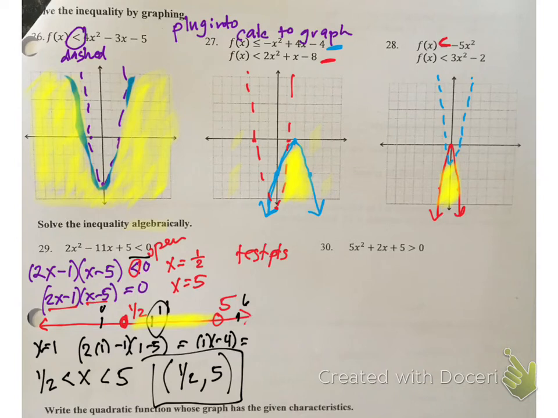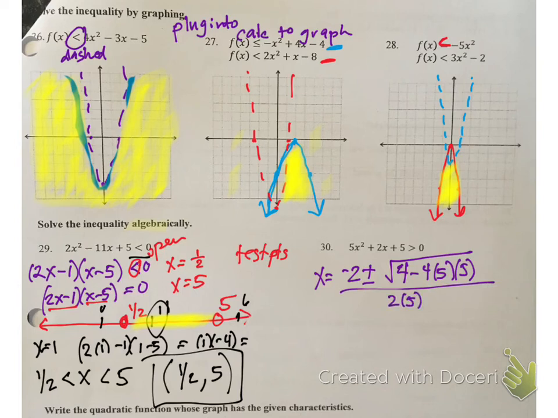All right, for number 30. I think you end up getting an imaginary solution. So you can't factor this. I wish that you could, but you cannot. So if I started doing the quadratic formula, I'm going to say x is equal to -2 plus or minus the square root of b squared minus 4ac all over 2a.